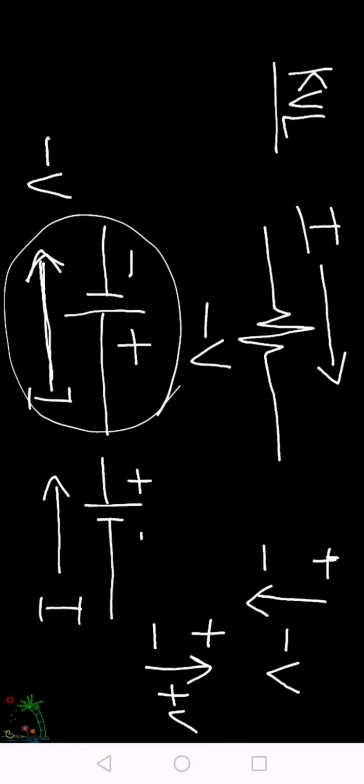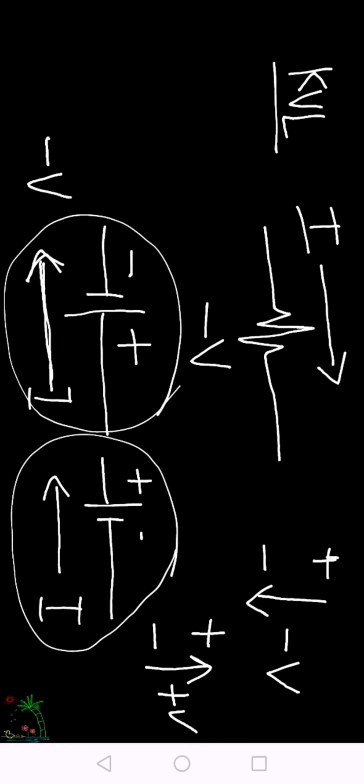While in this diagram, the current flows from low potential to high potential. That means that this battery increases the energy of the charges. So this is positive voltage.